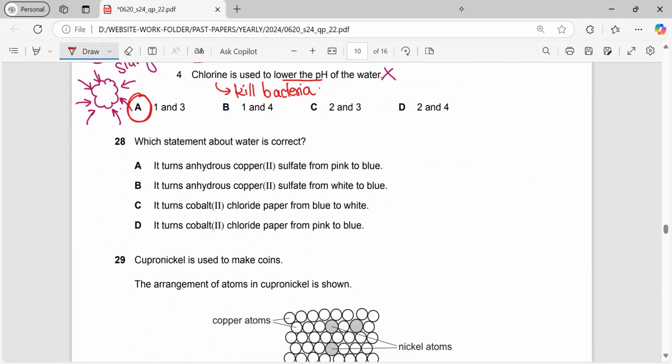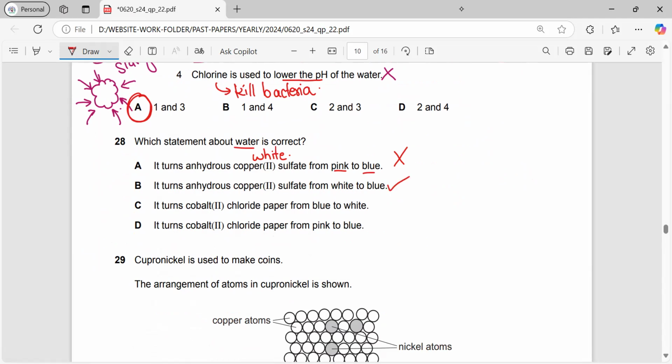Which statement about water is correct? Water turns anhydrous copper sulfate from pink to blue? No, because anhydrous copper sulfate is white. It turns anhydrous copper sulfate from white to blue? Yes.